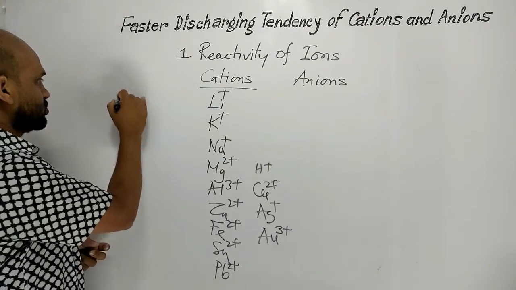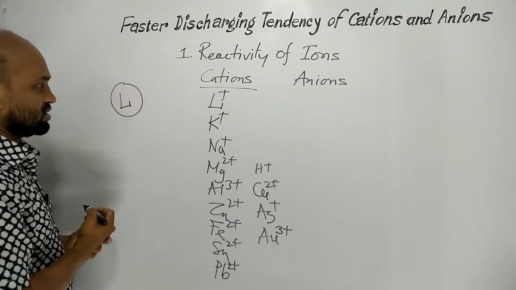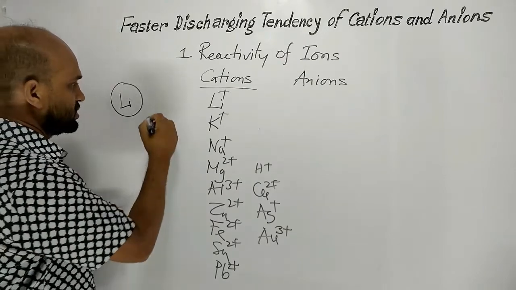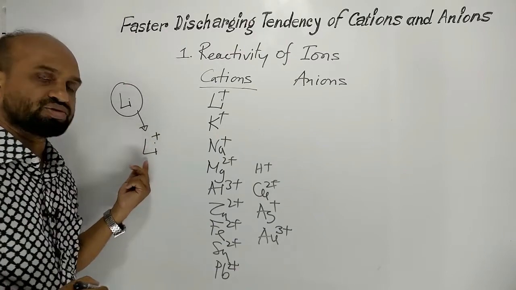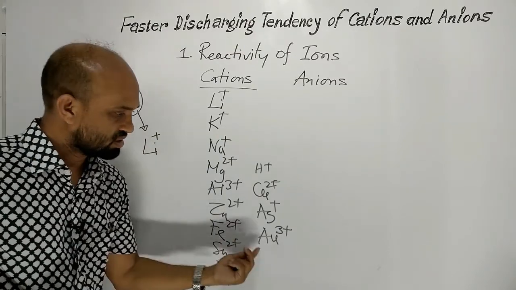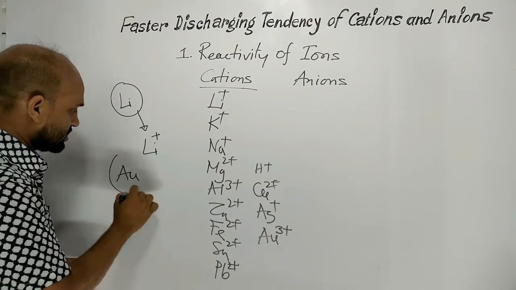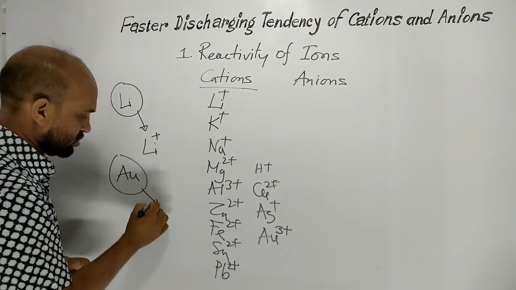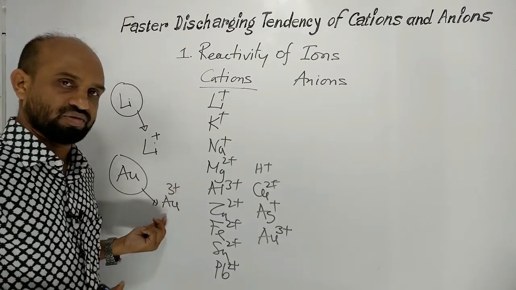Here we know this is highly reactive metal, so its cation will be less reactive. Similarly, gold, this is inert metal, so its cation will be highly reactive.